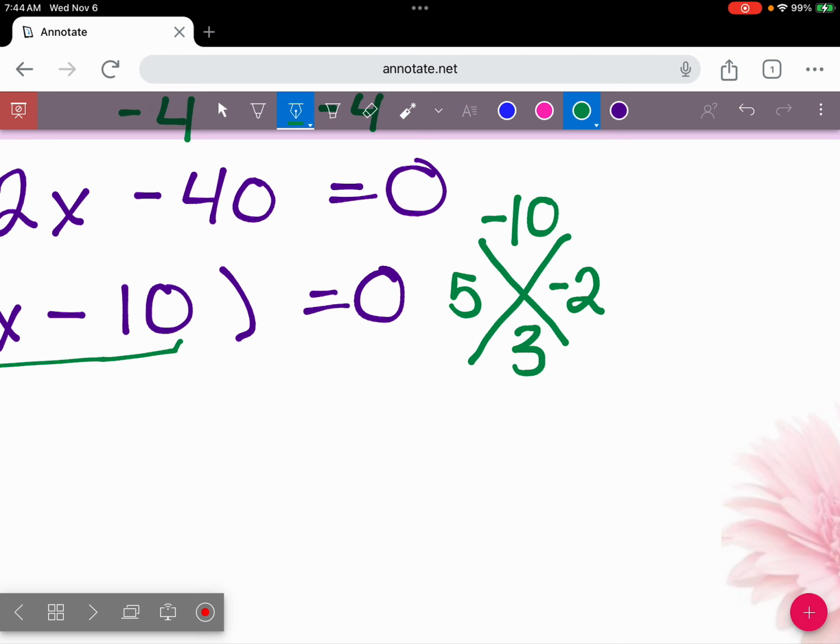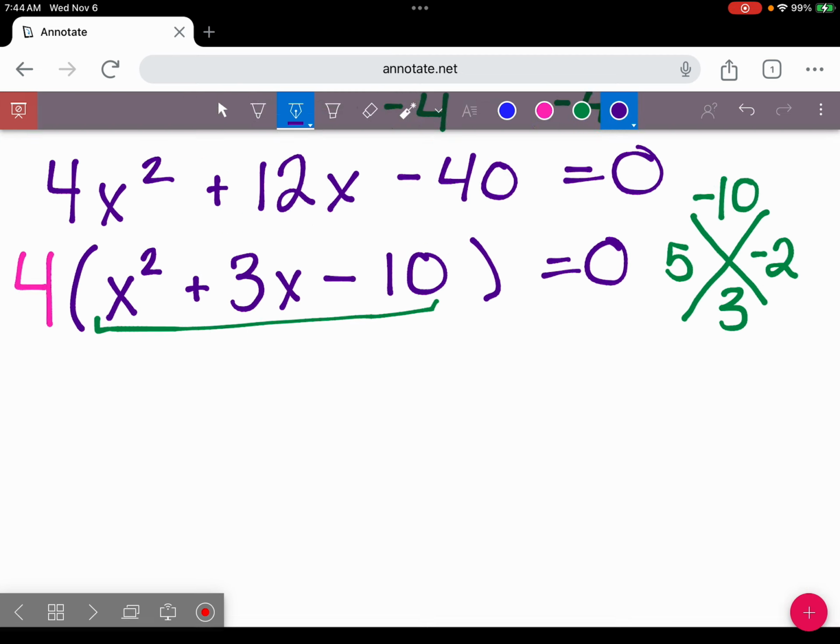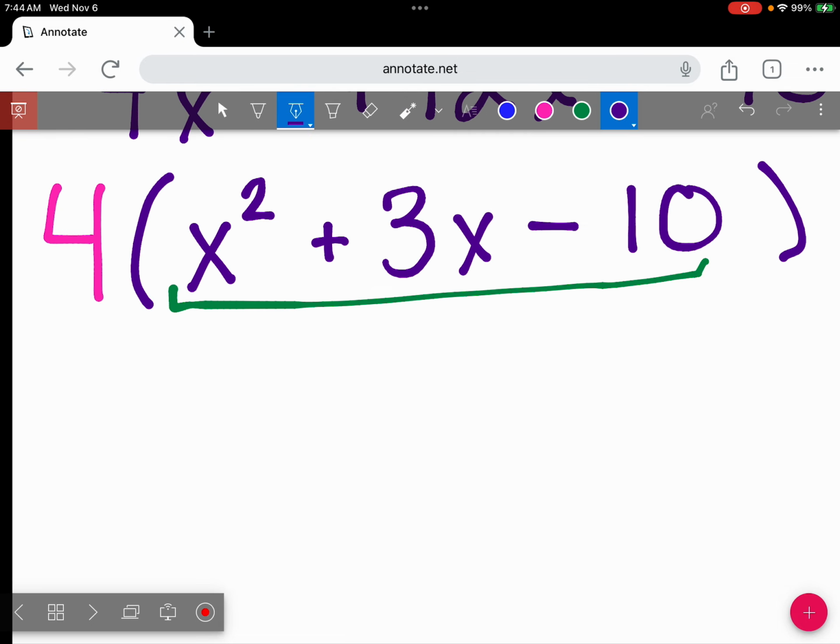So again, if you like the box all the way, more power to you, rock on. I'm going to do this one factoring by grouping style. So our 4 is still going to hang out in front. He's just chilling.